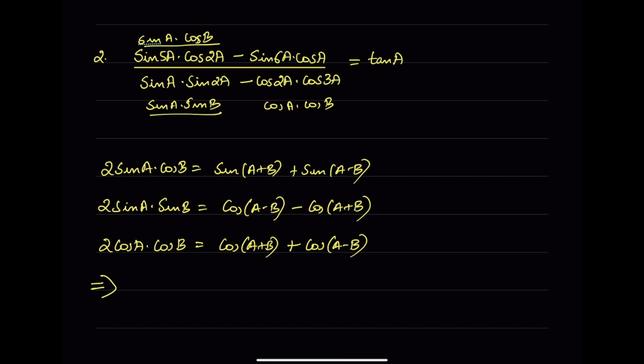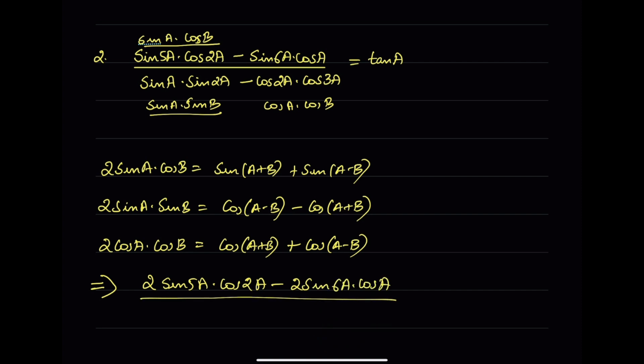So let's multiply and divide the entire question with 2. So this will be 2 sin 5a cos 2a minus 2 sin 6a cos a, the whole thing divided by 2 sin a sin 2a minus 2 cos 2a cos 3a.